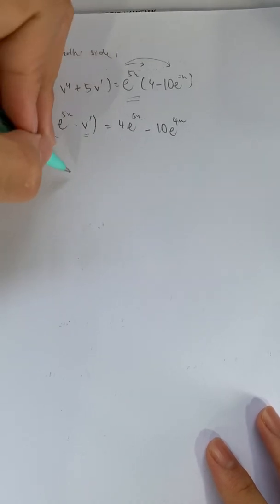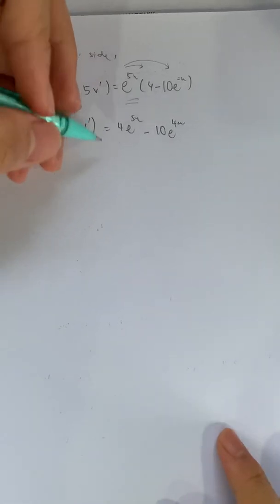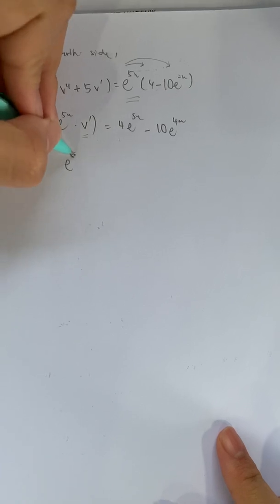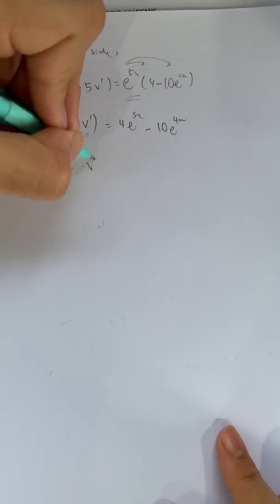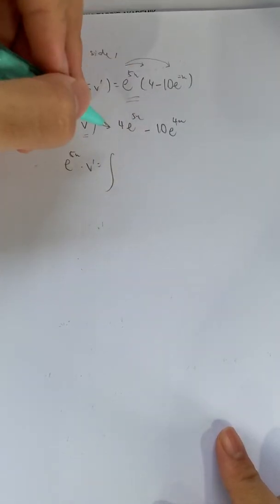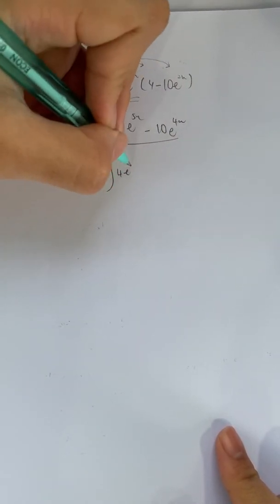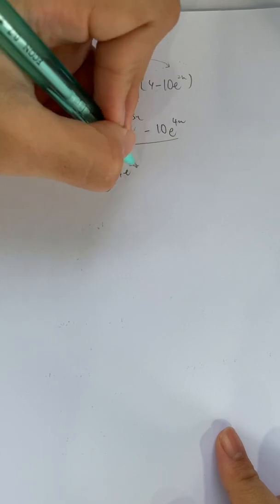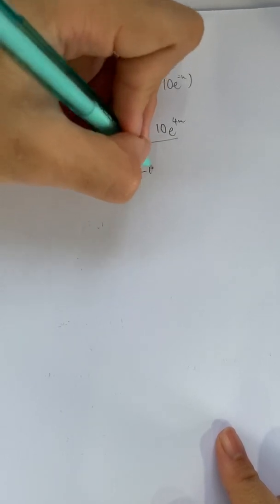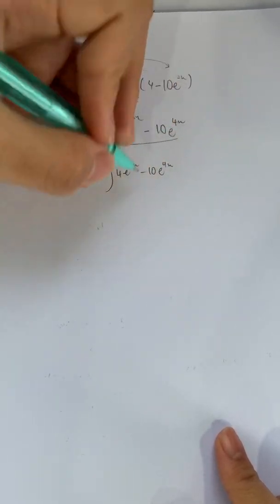So from this, firstly we have to integrate this equation, 4 exponential 5x minus 10 exponential 4x.